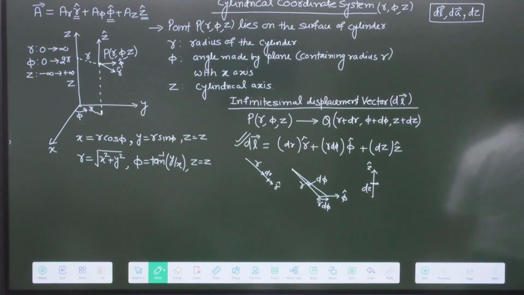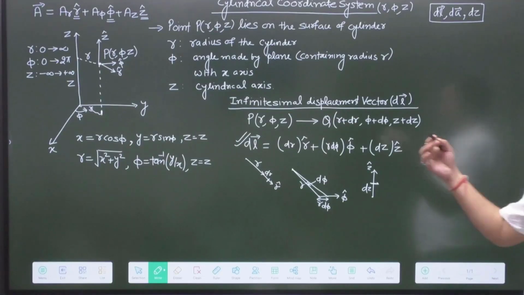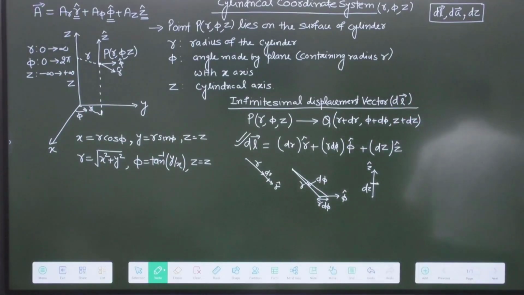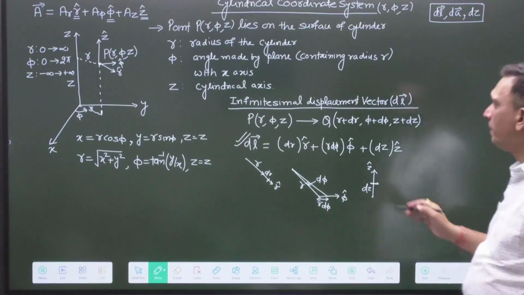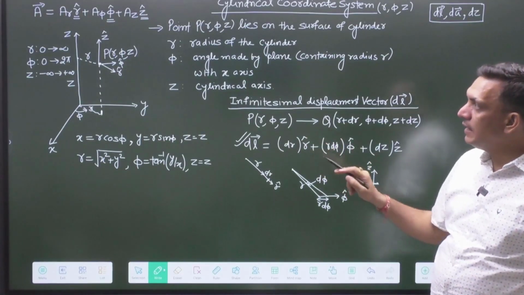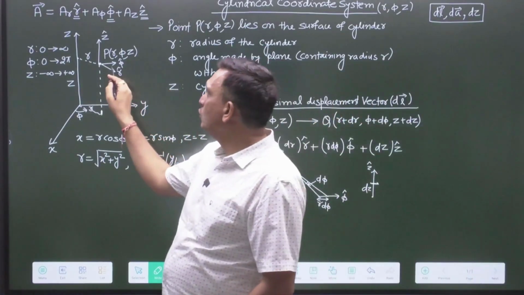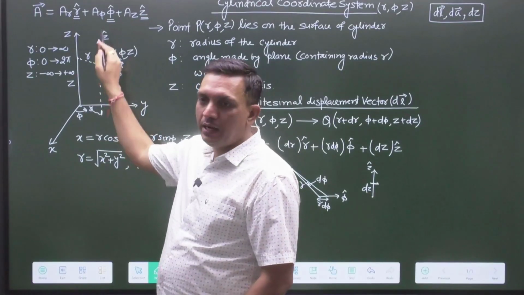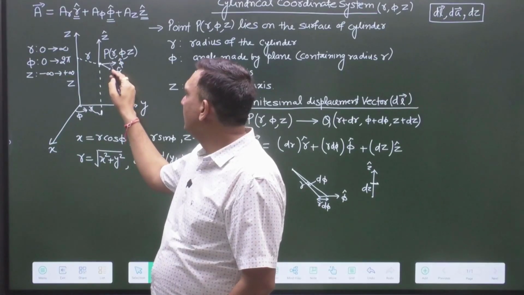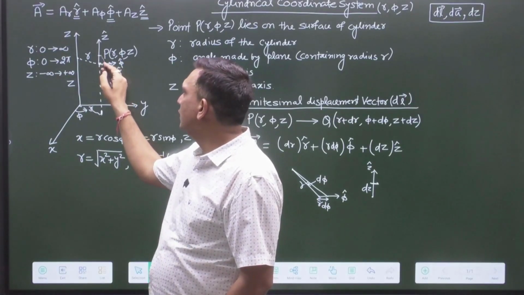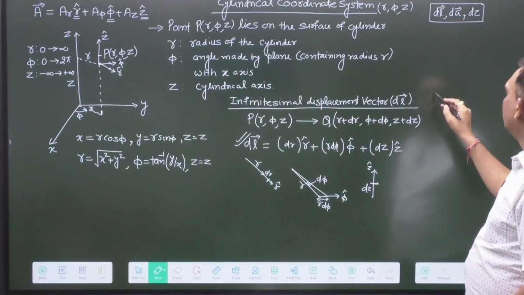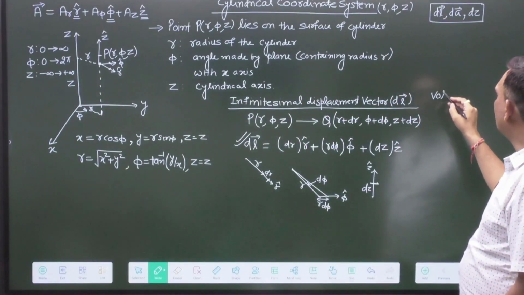In these three coordinate systems, you must remember the dl vector. If you know dl, you can write d tau as well as the area element on different surfaces. You can visualize this as an elemental cube whose axes are along r cap, phi cap and z cap, and whose lengths are dr along this, r d phi along this and dz along this. So what will be the volume element? Just multiply the sides of the elemental cube.